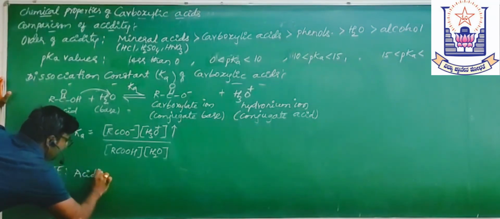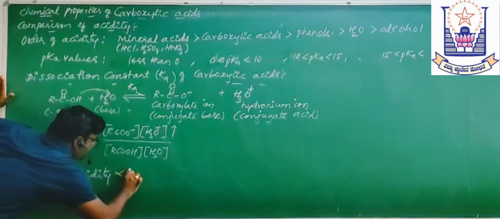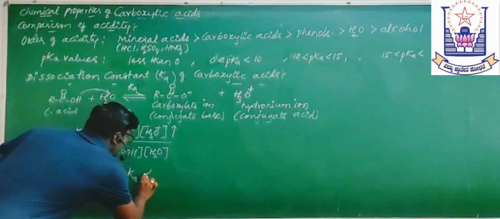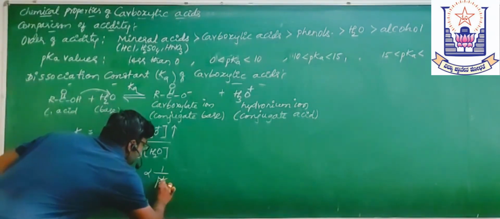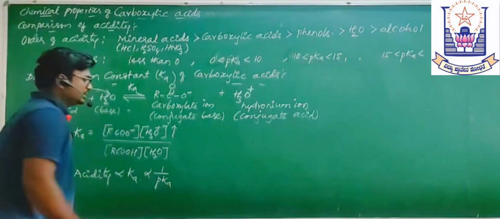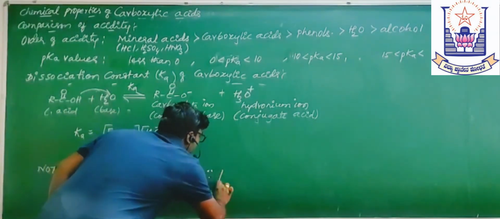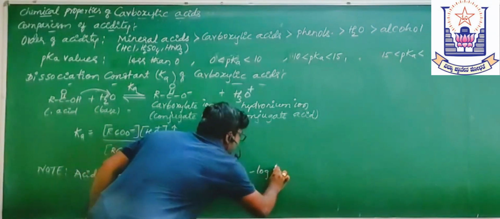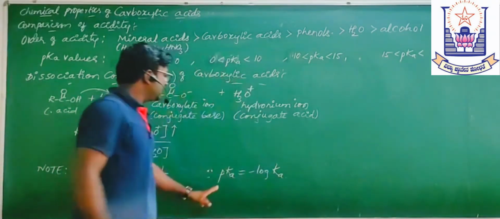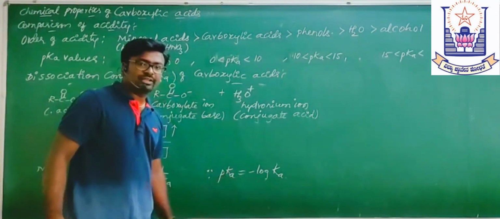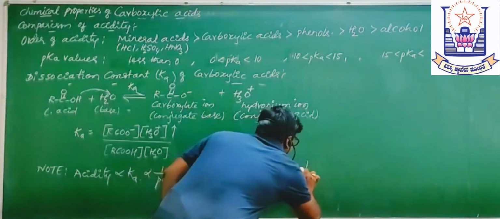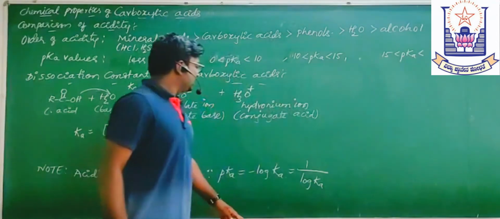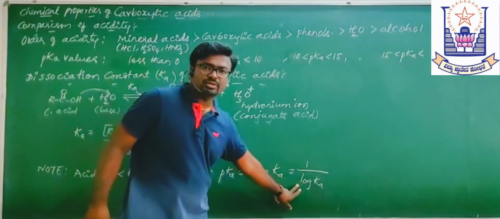Acidity is directly proportional to Ka, and it is inversely proportional to pKa, because pKa is the negative logarithm of Ka. That is, pKa is inversely proportional to Ka.